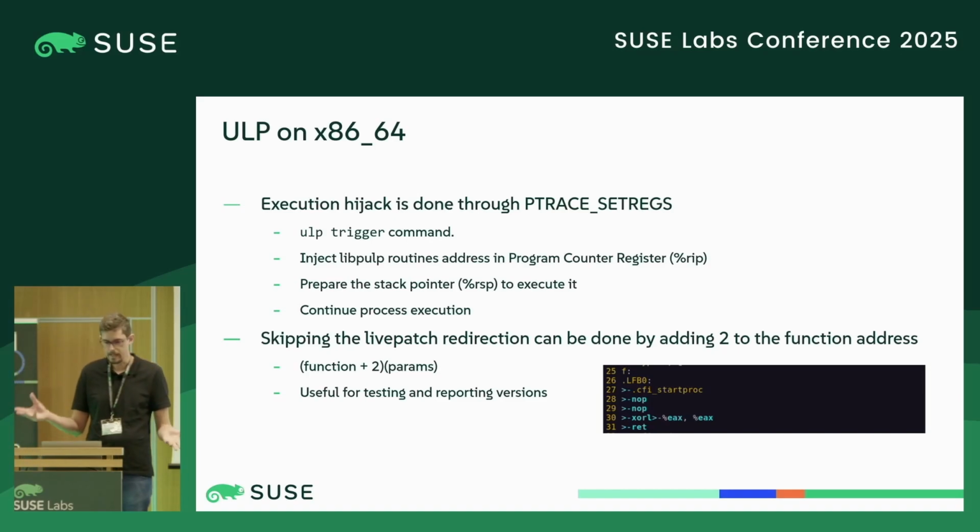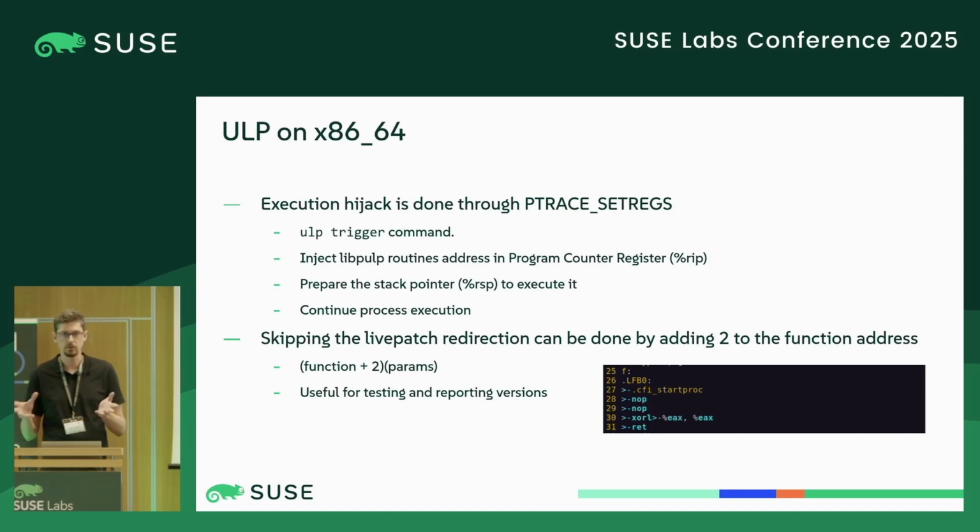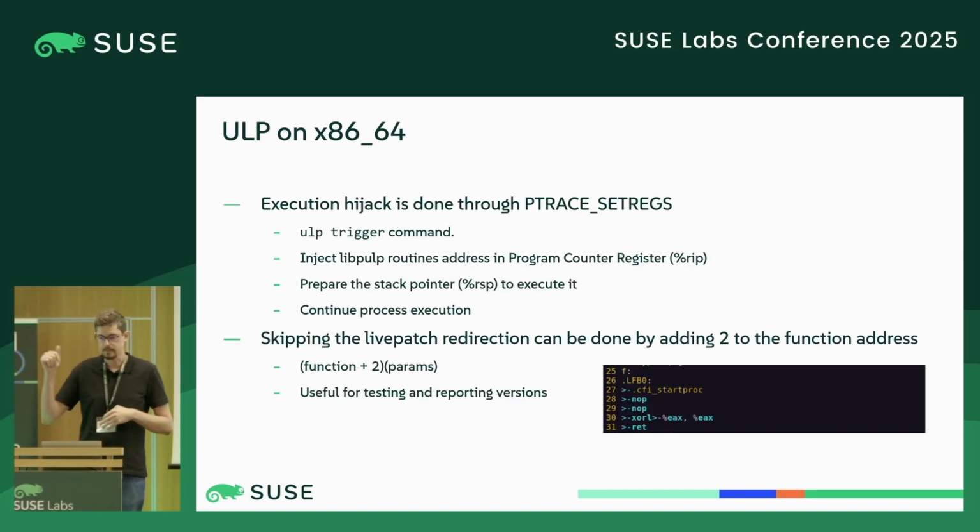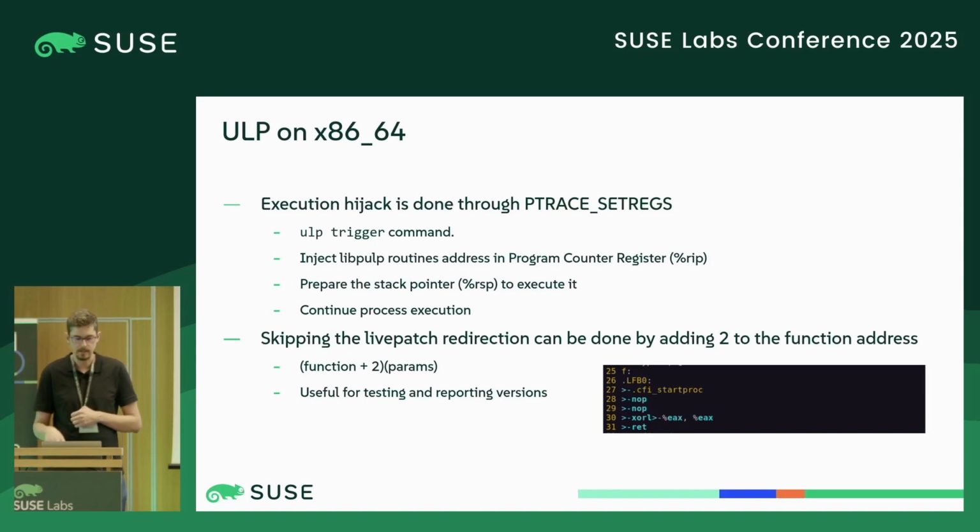If by any means we want to skip the livepatched function, for example, to call the original function because we are appending something to the old version, on x86-64 it is as simple as adding 2 to the function pointer. So we can skip the 2 nops there, which, if livepatched, would be a jump to our local prologue.